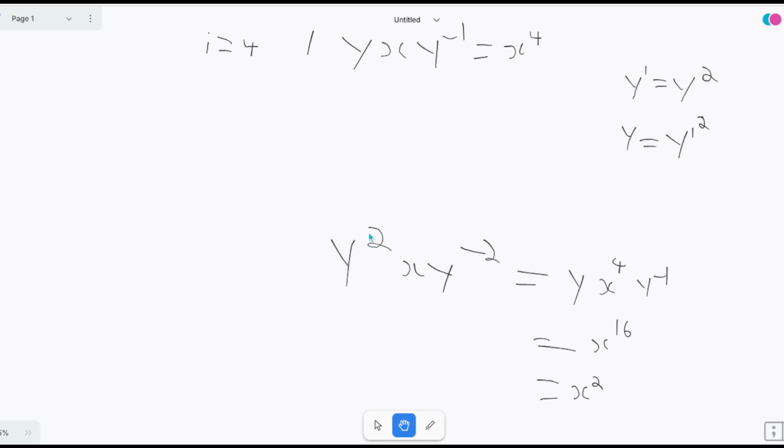And this y squared x y to negative 2, that's y prime x y prime to negative 1, using this definition.